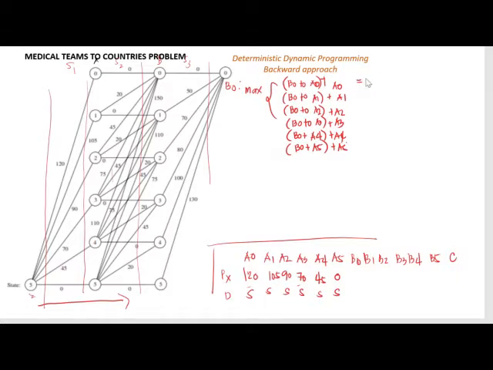Let's identify these. B0 to A0 is 0, as seen here, and A0 we have identified as 120, so plus 120.